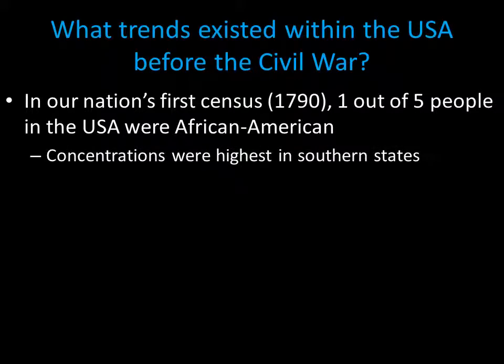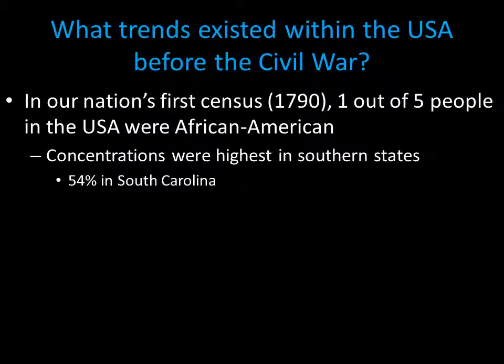The concentration of African Americans was highest in southern states. In other words, there were more African Americans living in southern states than there were living in northern states. The southern state that had the highest concentration of African Americans was South Carolina at 54%.